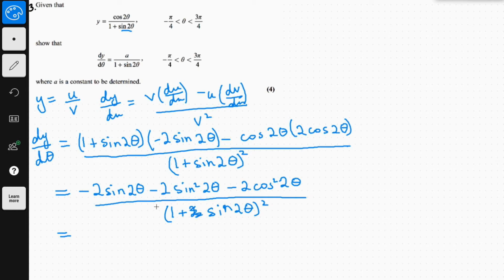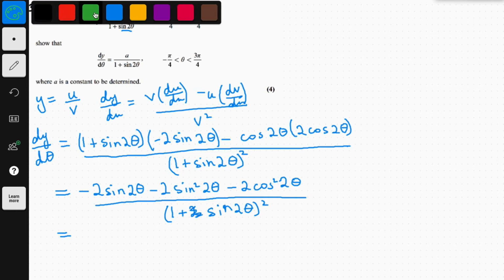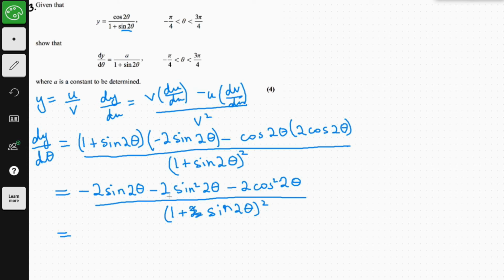So here you can see that the negative 2 sine squared 2 theta and the negative 2 cos squared 2 theta terms give us 1. How? They don't give us 1, they give us negative 2.